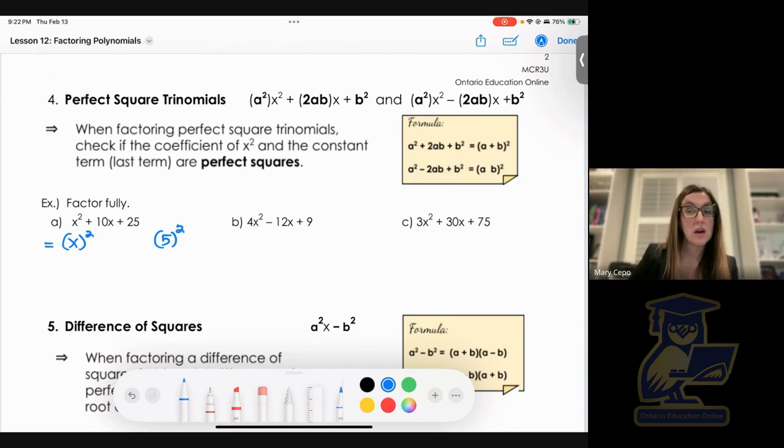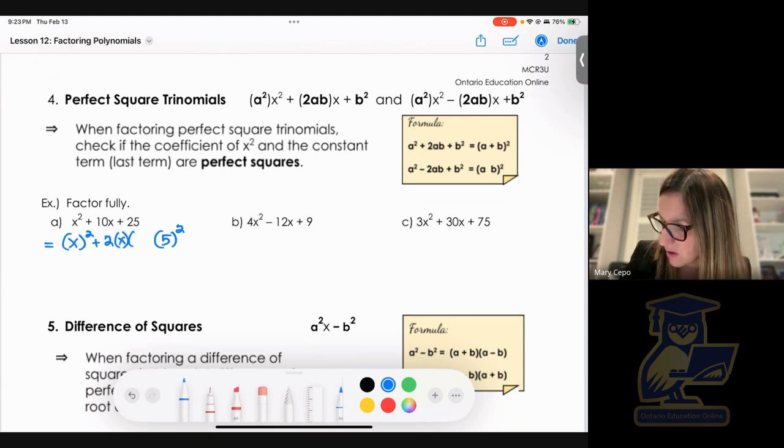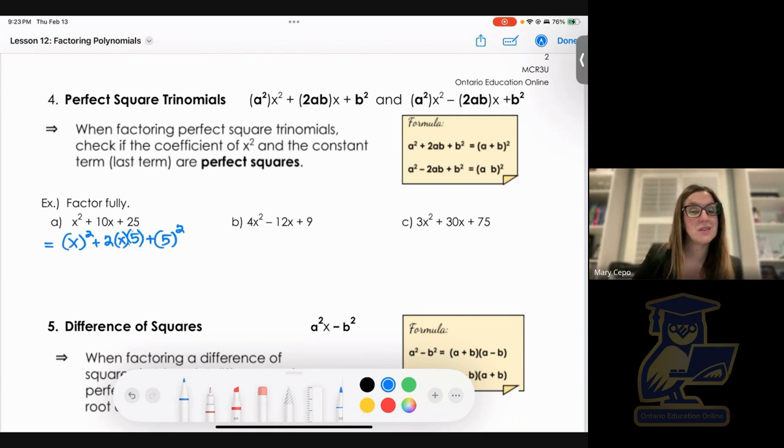Absolutely. Now, the other condition that has to exist for this to be a perfect square trinomial is that the middle term has to be 2 times those roots of a and c. Let's see, 2 times x times, so I meant to write 5 and I wrote 10 by accident. 5, is that equal to 10x?